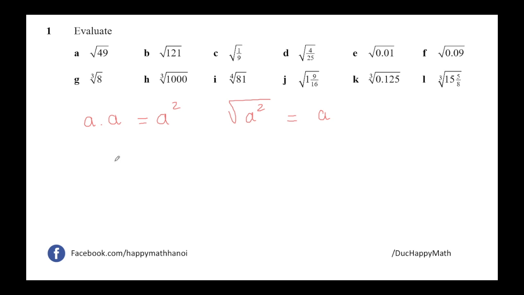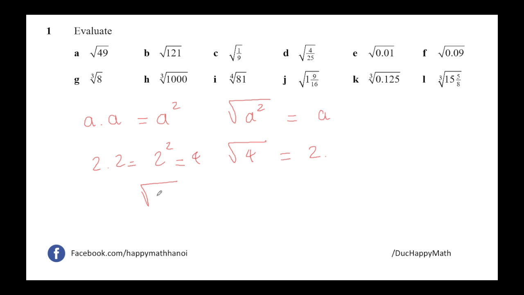For example, 2 times 2 equals 2 square, which equals 4. So the square root is the inverse operation of the power. The square root of 4 means you have to find the number that times itself equals 4, so the square root of 4 is 2.